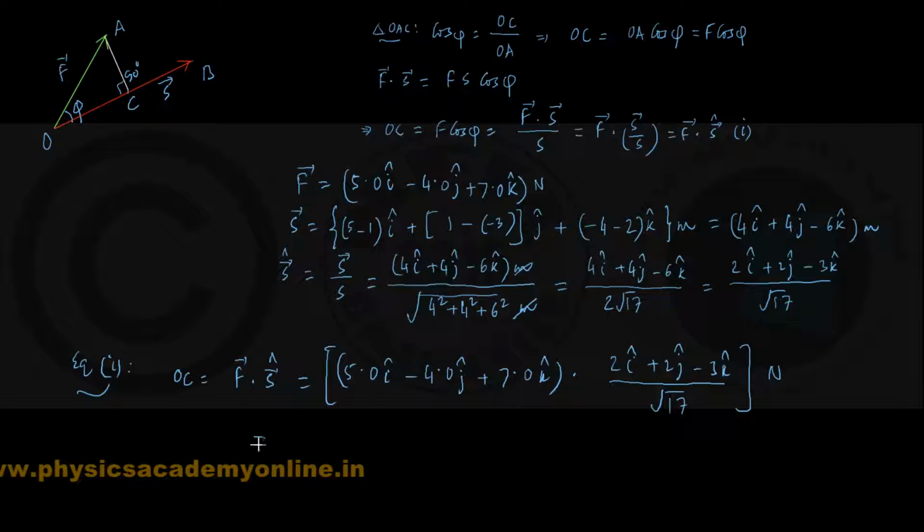Go for this multiplication. We are aware that in the scalar product only i dot i, j dot j, k dot k, each of them is equal to 1, while the dot product of dissimilar unit vectors becomes 0.